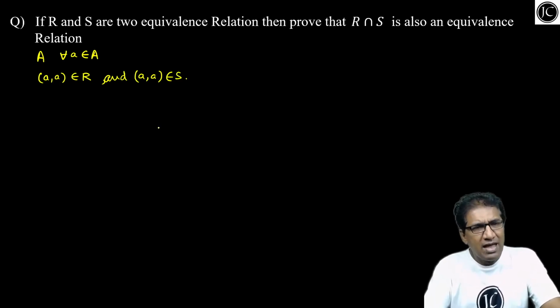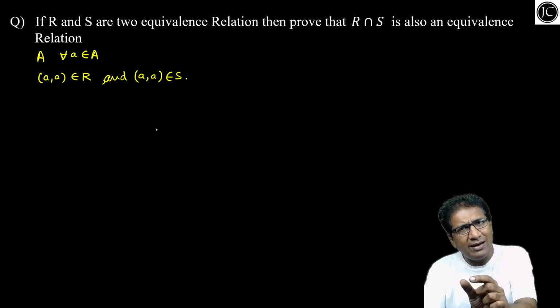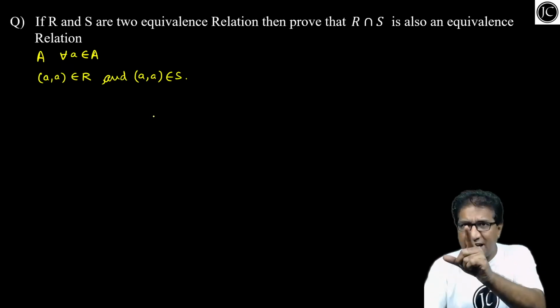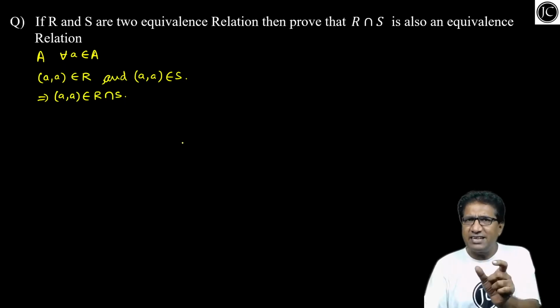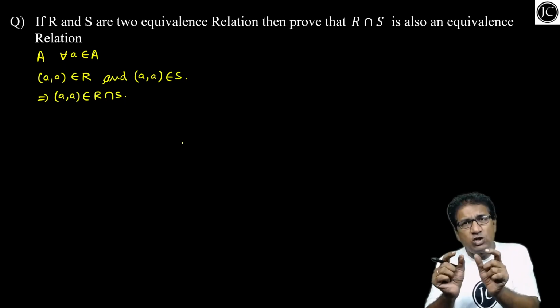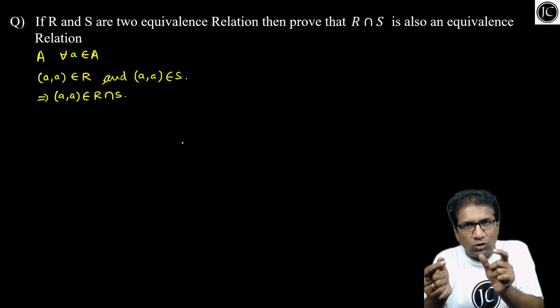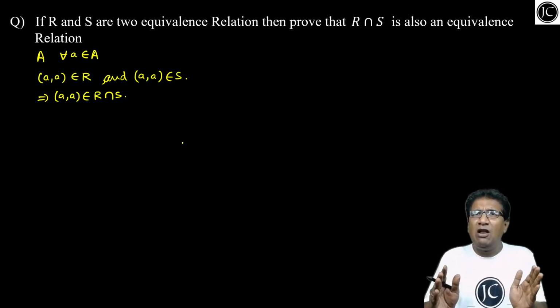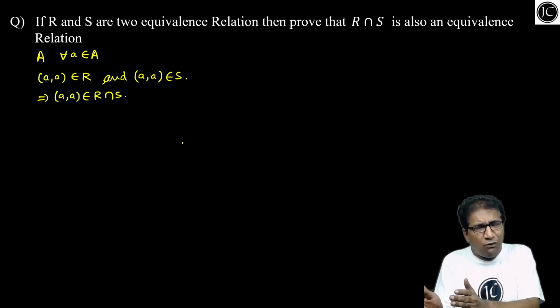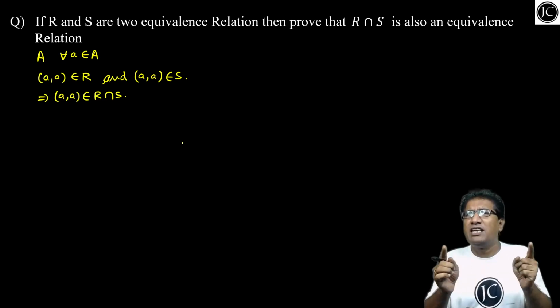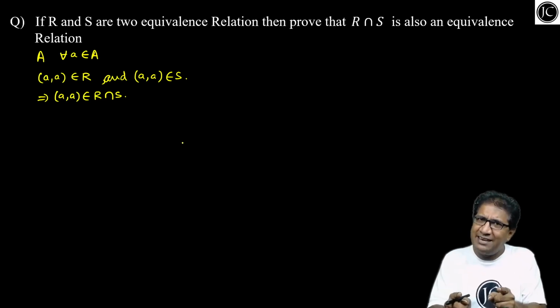Is it clear? Now, A comma A belongs to R and A comma A belongs to S. It means that A comma A must belong to R intersection S. R intersection S means the common elements in both. For all A belongs to capital A, A comma A belongs to both the sets. Therefore, the intersection of these two relations will contain the same element A comma A, right?